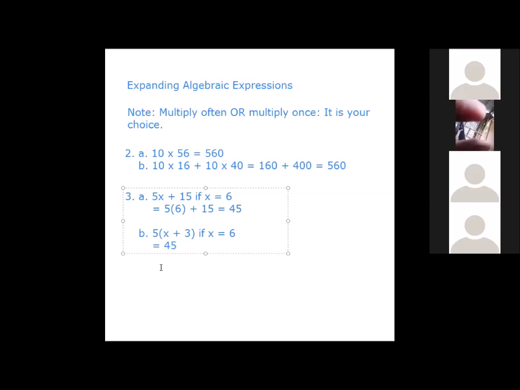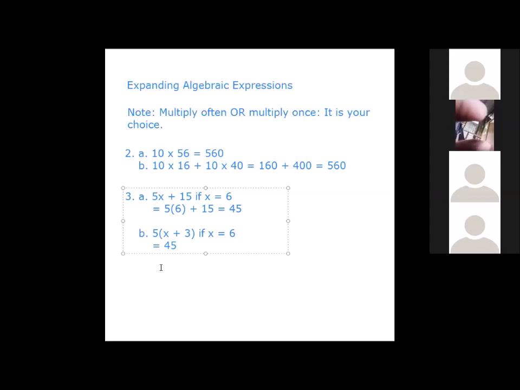Let me go back to the third example, 5x plus 15, where x equals 6. That means 5 times 6, which is 30, plus 15 is 45. Now, the second format is 5 times, in parentheses, x plus 3. 6 plus 3 is 9, times 5 is also 45.